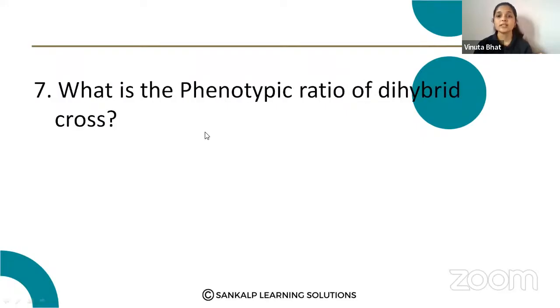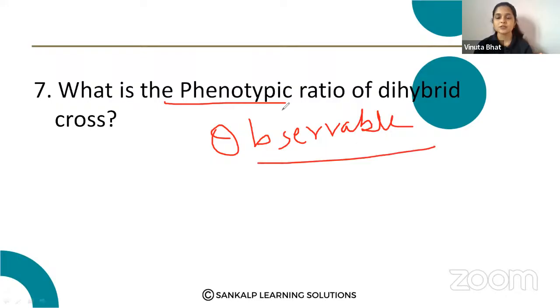Next question. What is the phenotypic ratio of the dihybrid cross? Phenotypic ratio means observable characters, what you observe in the dihybrid cross.